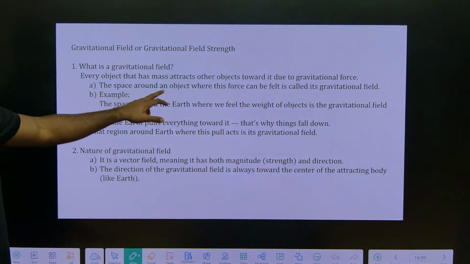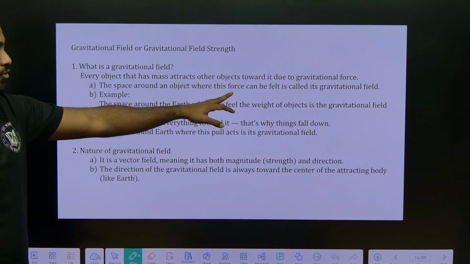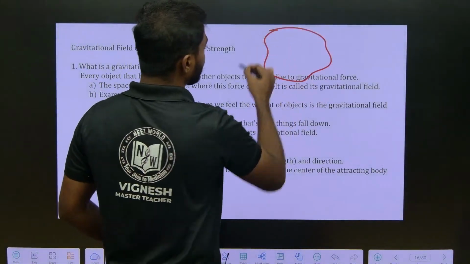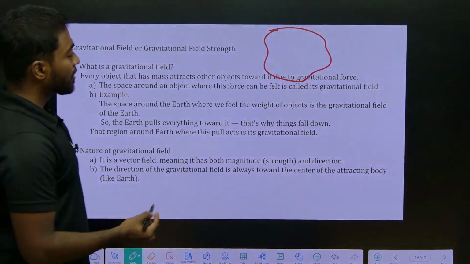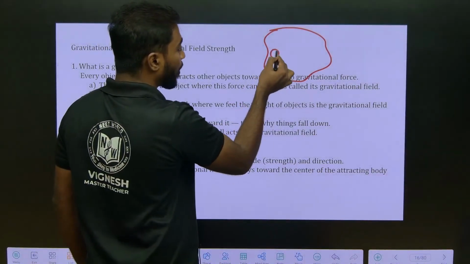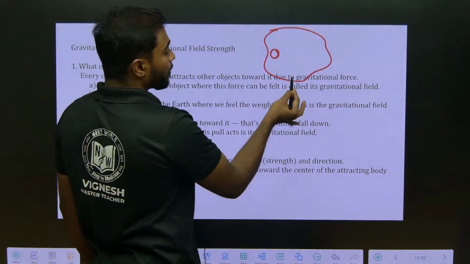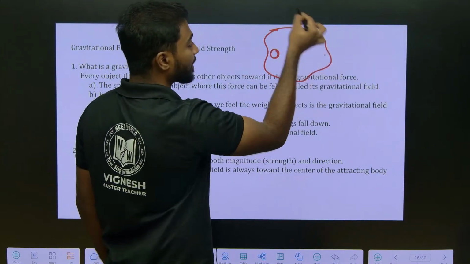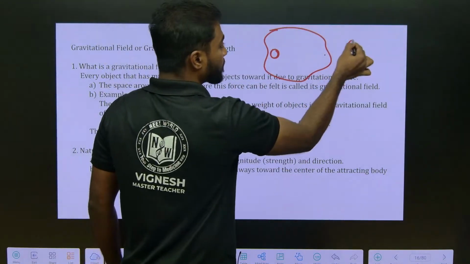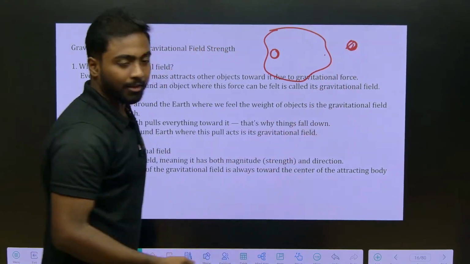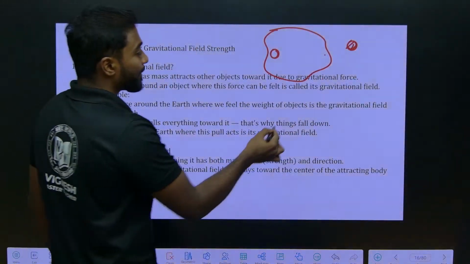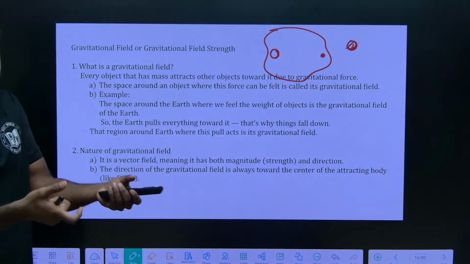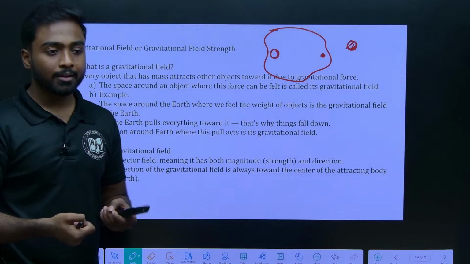The space around an object where this force can be felt is called the gravitational field. Suppose there is a system and here I have kept one object. If I want to experience the force, an object should be inside the system only. If I place an object here, can I experience something? No. If I place the object here, yes, I can experience the force, I can experience the gravitational field, right?